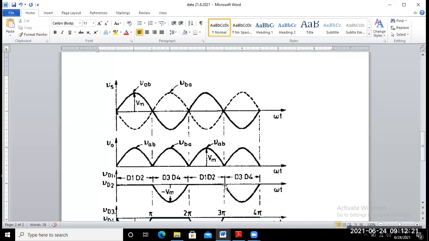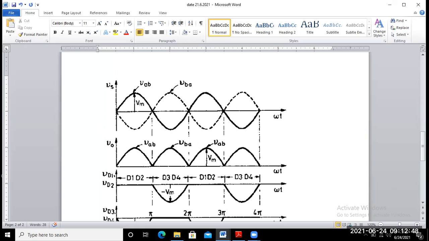So the voltage across D1 and D2 again becomes the negative half cycle of the sinusoidal supply. Similarly, D3 and D4 become forward biased, so the output voltage waveform we got is this one. So this is the variation of voltage across the diodes D1 and D2.